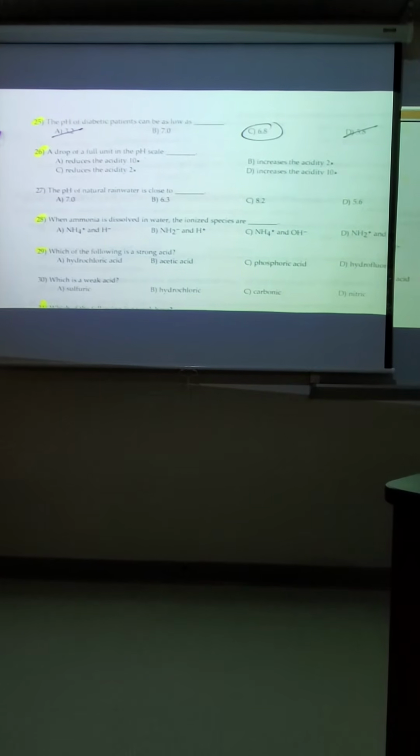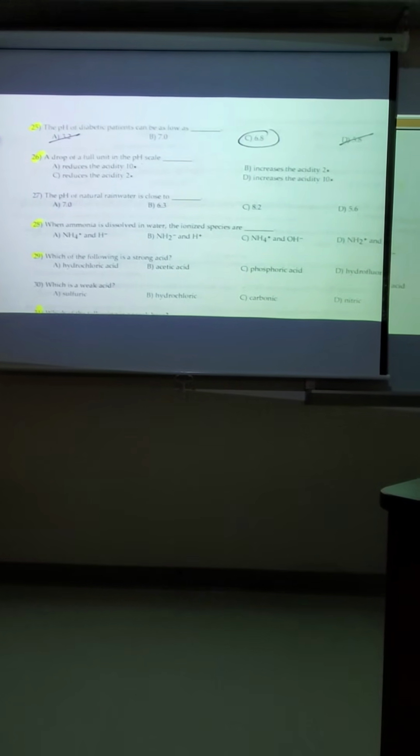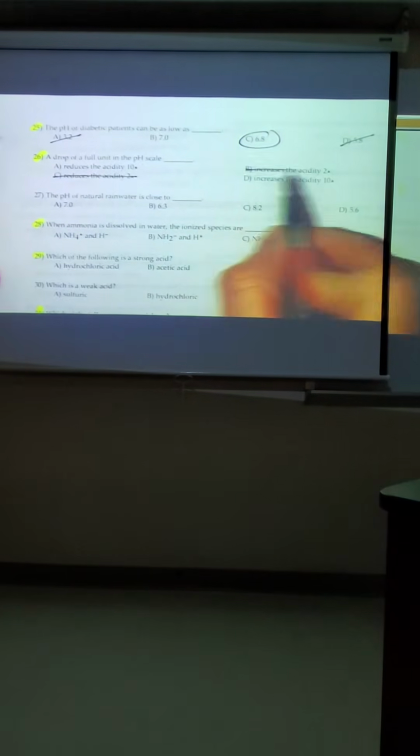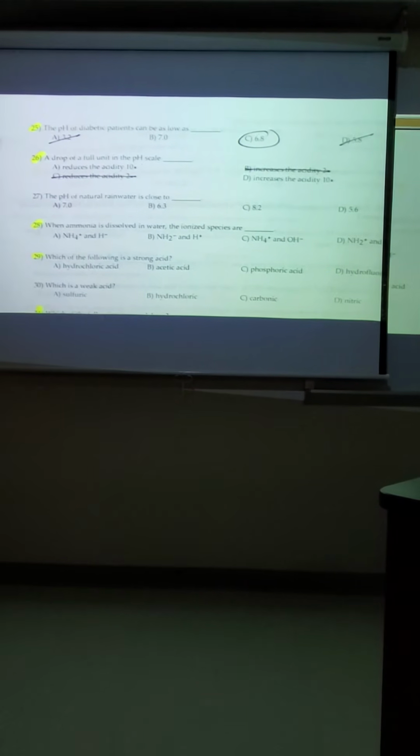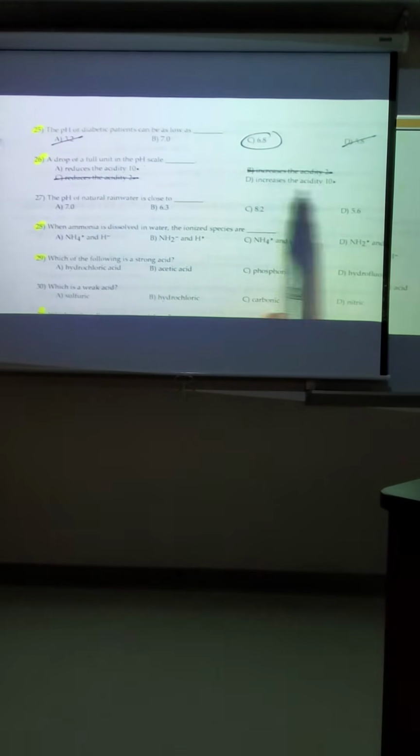Number 26 talks about a full drop in the pH scale. Remember, the pH scale is based on powers of 10. So this idea that it could be 2 times anything is out of the question because pH is based on powers of 10. We take the negative log to get rid of that power of 10 and its negative exponent. So it's either going to be reduced or increased by powers of 10.